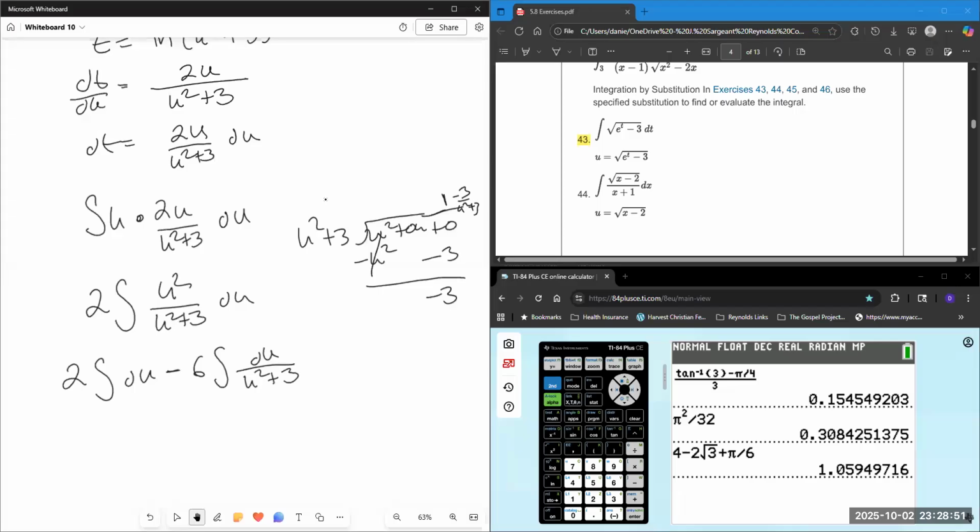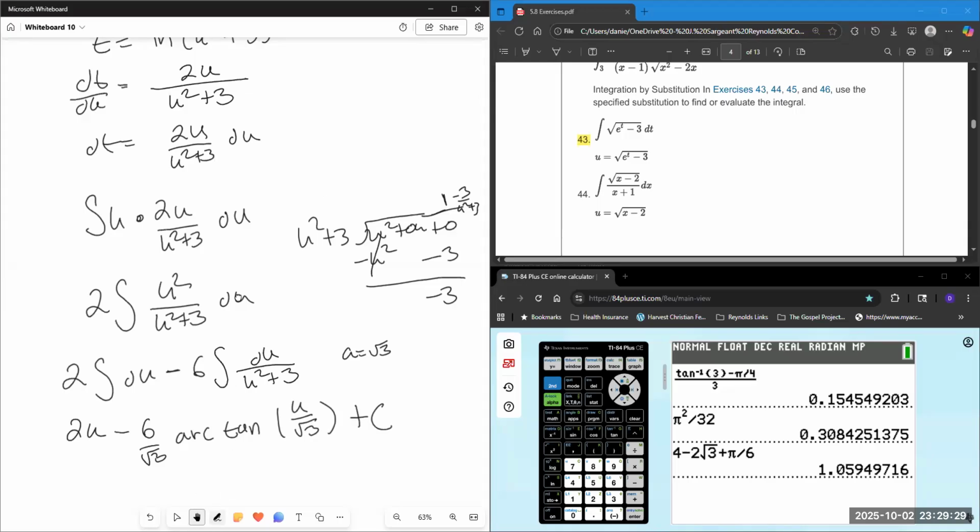So this is going to be 2u minus 6, and a is equal to the square root of 3 here, and you already see this is u squared and this is du, so that's perfect. This is in the form of arctangent, so I need 6 over root 3 arctangent of u over a plus c.